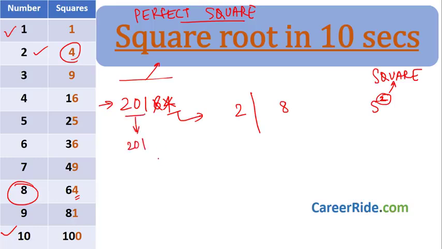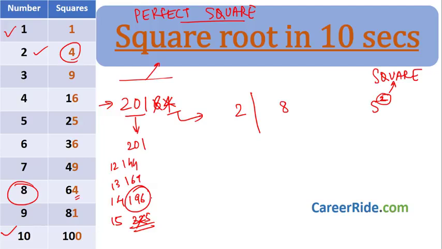Now which is the nearest perfect square to 201, but less than 201? Let's see. 10 square is 100, 11 square is 121, 12 square is 144, 13 square is 169, 14 square is 196. 15 square is 225, but this is greater than 201, so you need not consider this.